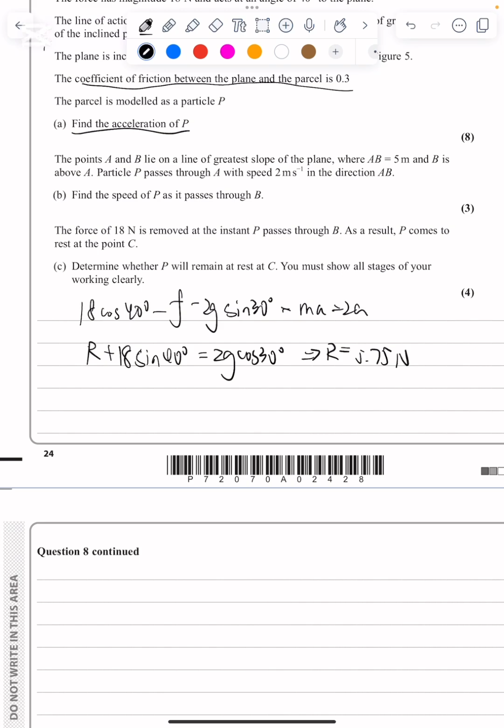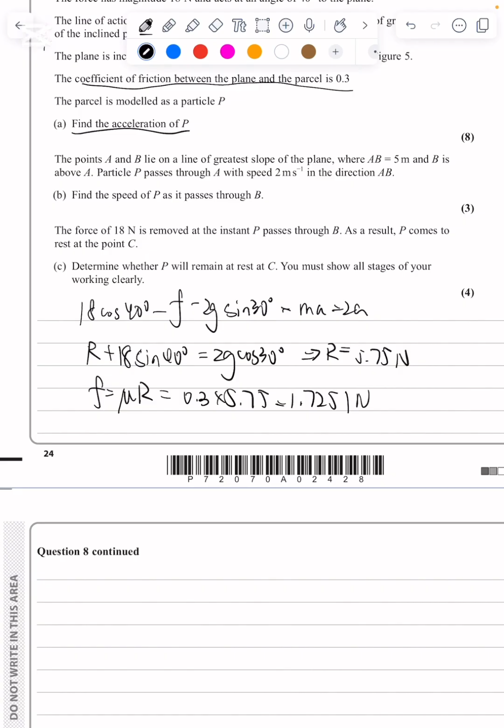And then friction is mu times R, so it's 0.3 times 5.75. Then we get 1.7251.